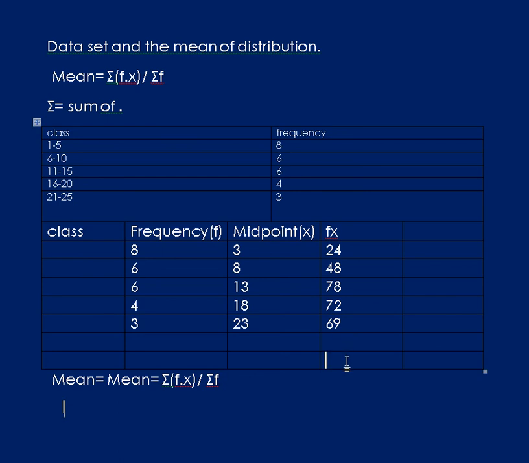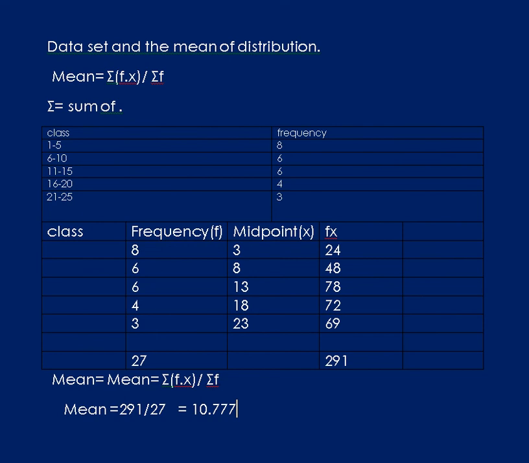When I added all the fx, the answer I got was 291, and when you add all the frequencies, the answer is 27. So the mean becomes 291 divided by 27, and your answer is 10.777. So that becomes your mean.